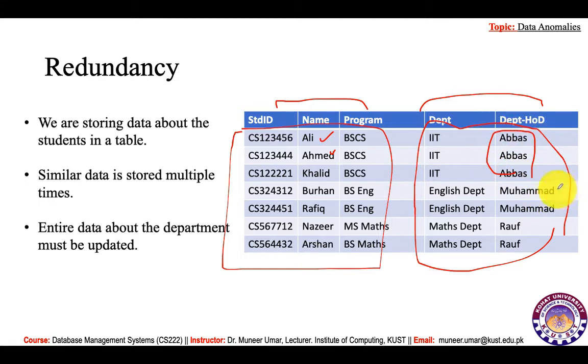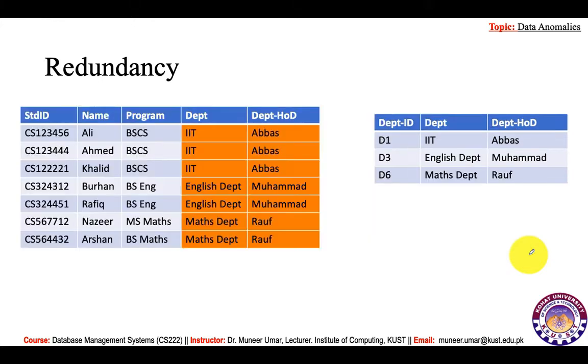Similarly, for these two we have repetition, and also here we have repetition. Such repetitions are called data redundancy in a database. These repetitions actually violate data consistency during operations on the database.